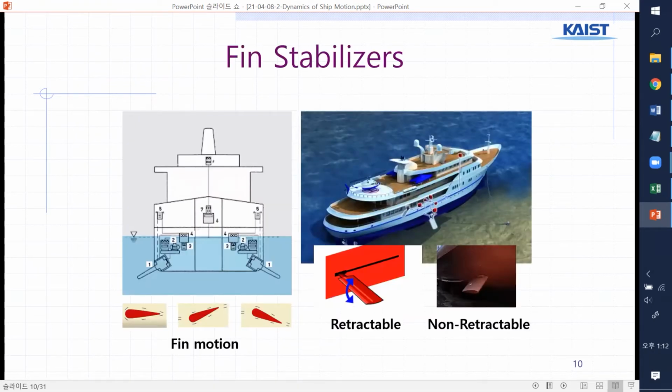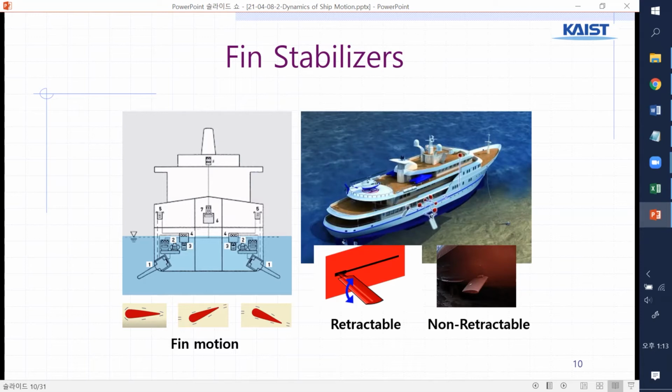And the fin stabilizer is a special device with an engine or power, and the fin angle can be controlled by the captain or another person. And it is retractable: the angle of attack is controlled by some device, and the fin itself can be retracted into the ship body.